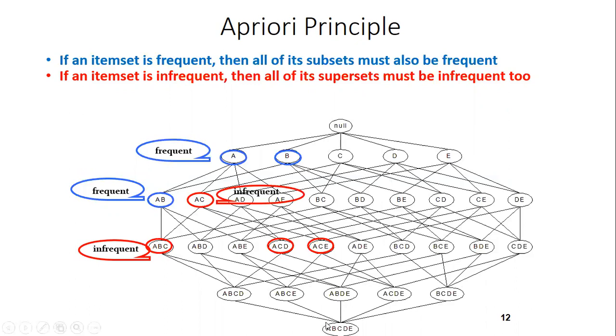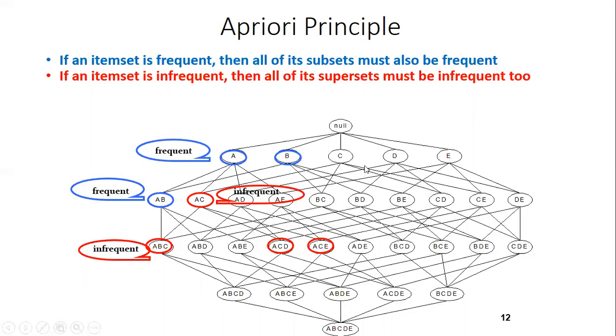Here you can see there are 5 different items A, B, C, D, E. Then the candidate item sets will be 2 to the power of 5, that is 32. Every time they will be scanned, so computationally it will be expensive.